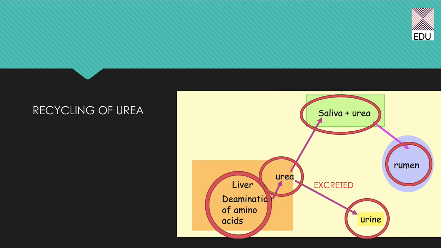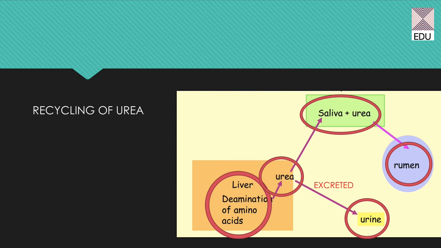So here you should see that this urea is reaching ultimately the rumen of the stomach of the cattle, and from here this urea will be taken up by the bacteria to form bacterial proteins.